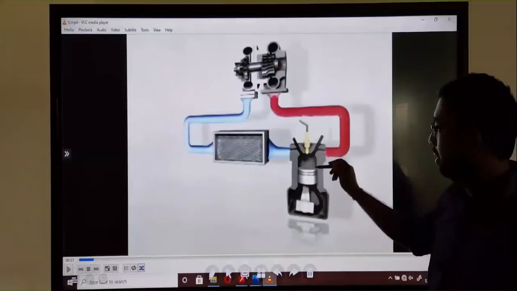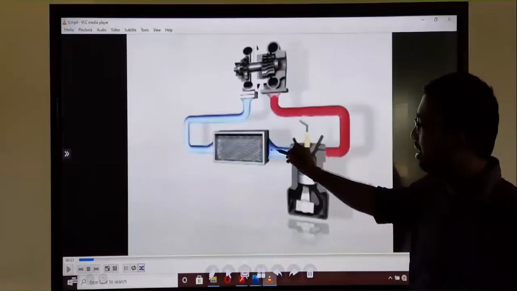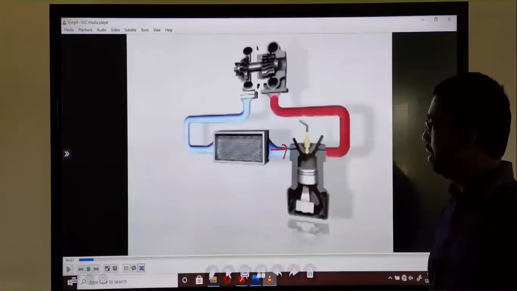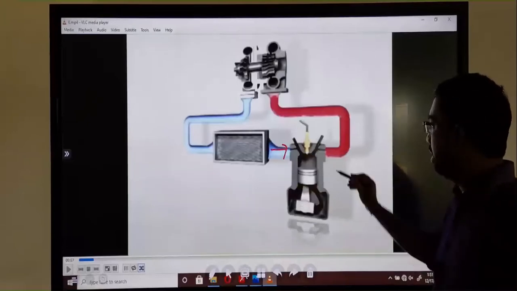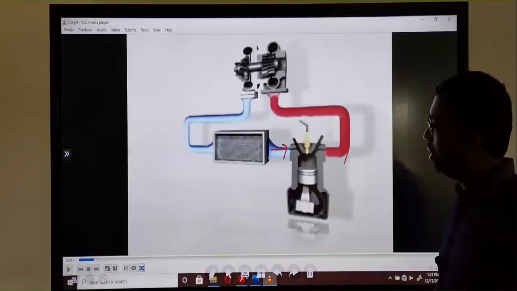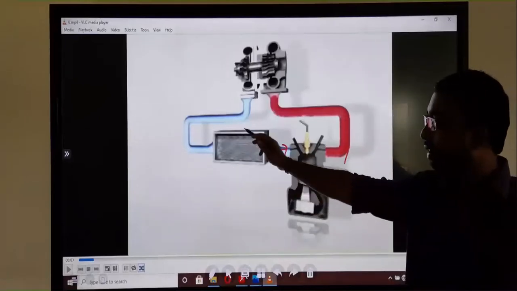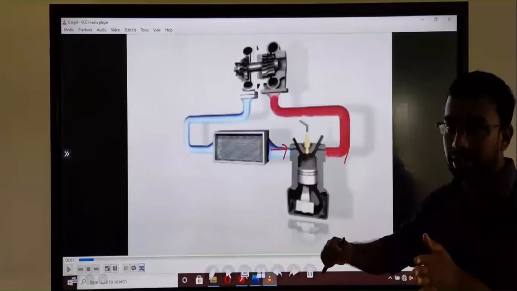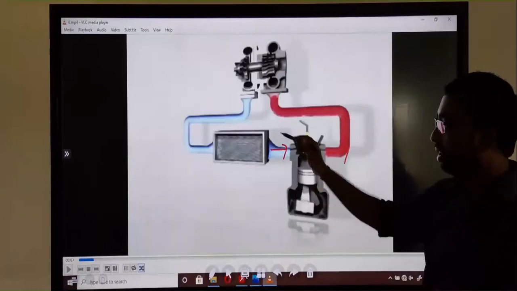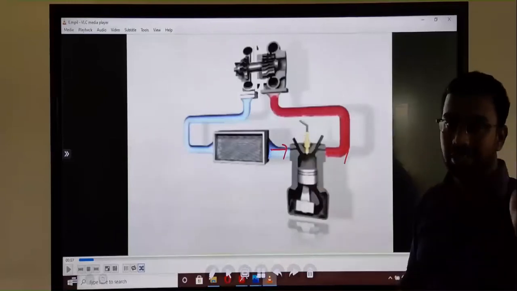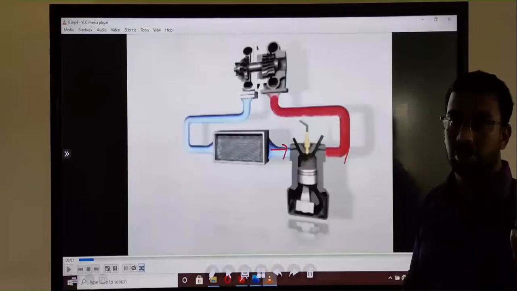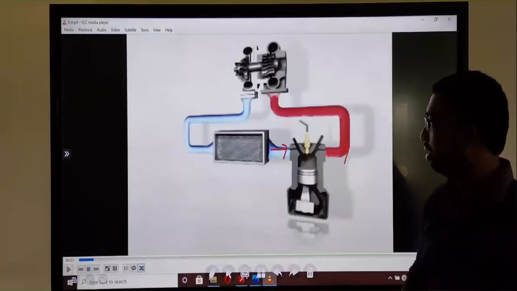What is this? Piston, cylinder, everything. This is the intake manifold. This is the exhaust. This is the part I showed that is fixed with the radiator. Because of that, there is one fan used for the cooling process.